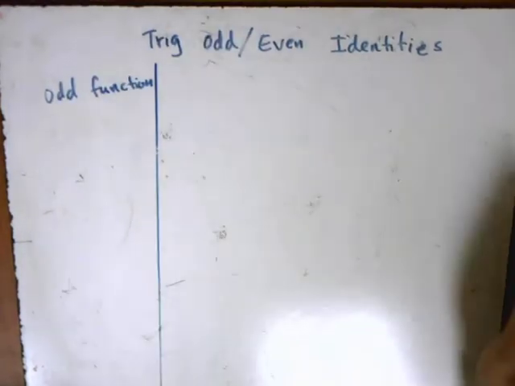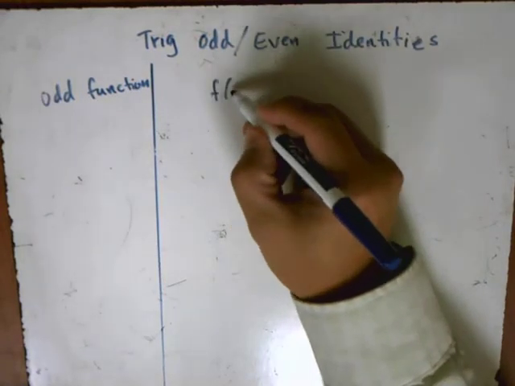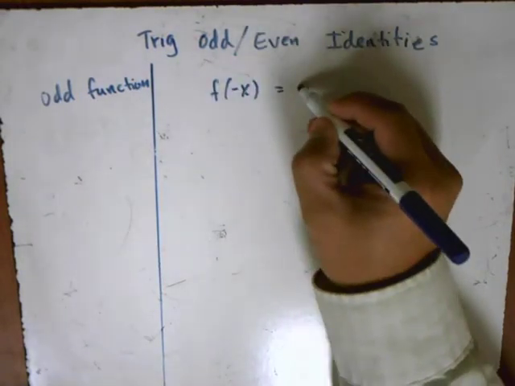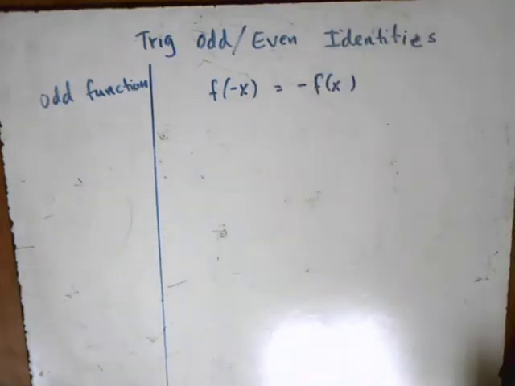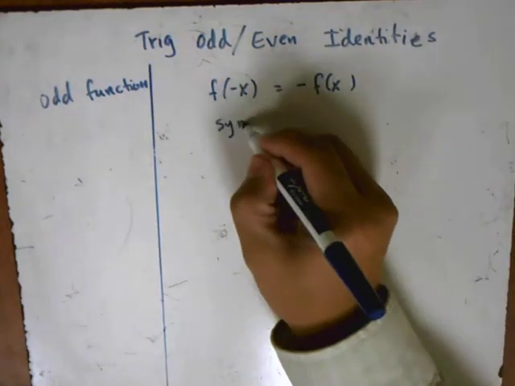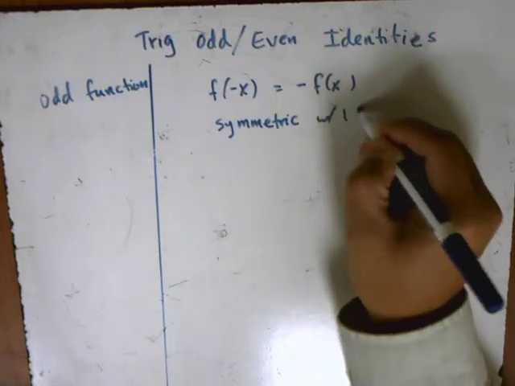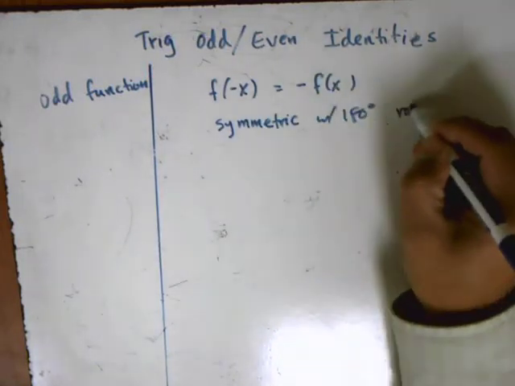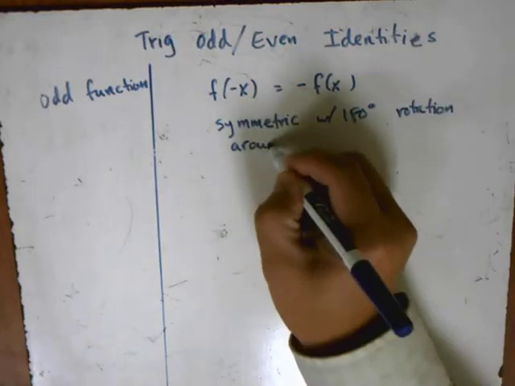An odd function algebraically is a function where f of negative x is equal to negative f of x. And it is symmetric with a 180-degree rotation around the origin.